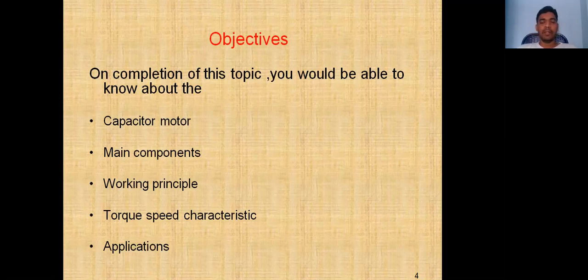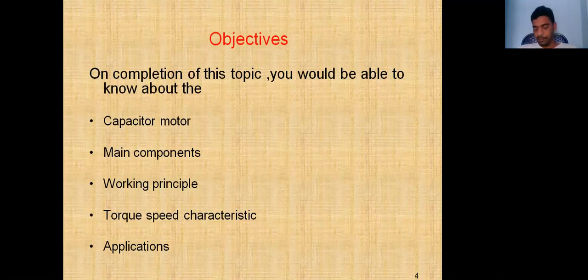So we will cover the main components, working principle, torque speed characteristics, and applications for the capacitor motor and the capacitor start motor, the two motors we will discuss in this lesson.